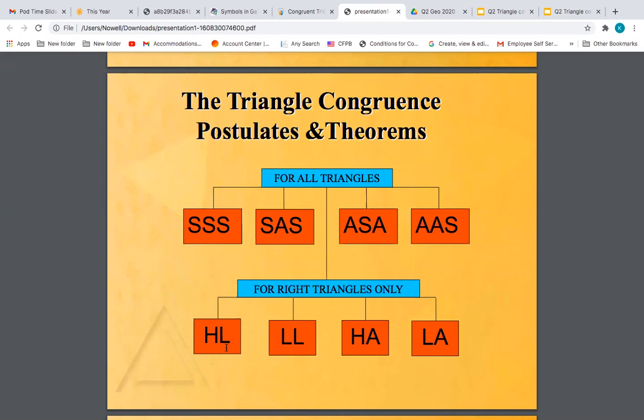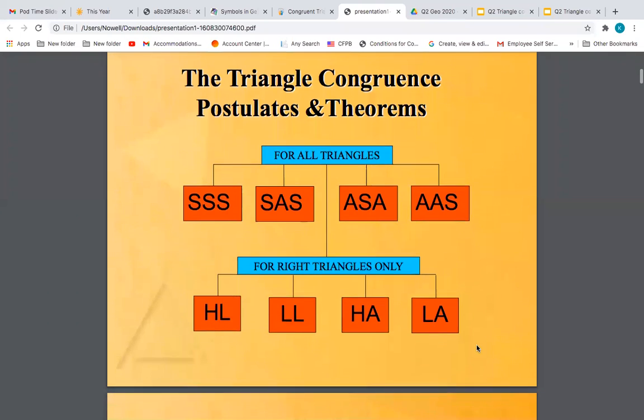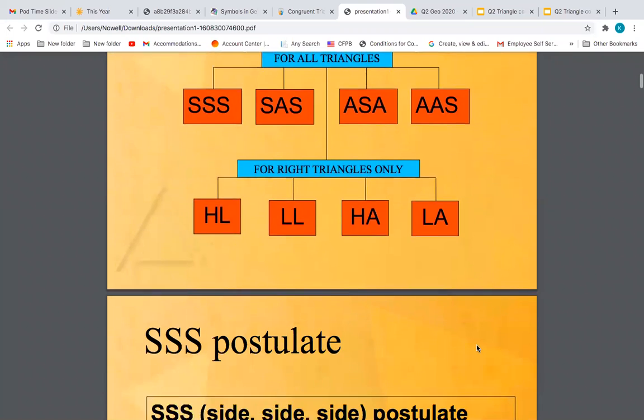If you have two right triangles, and one's hypotenuse and a leg are congruent to the other right triangle's hypotenuse and leg, then those two triangles are congruent. We don't need to worry about that much now, but we will look into that in the future.